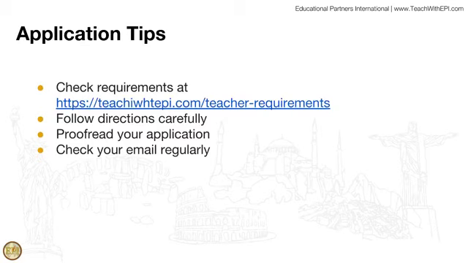You will also want to proofread all of your answers, as any typos or mistakes made with spelling and dates can make it take longer. You will also need to create your account with a valid email address and be checking that email regularly. We will only be able to discuss your application through email, so it's important that you are looking constantly at your email for updates from EPI about your status.